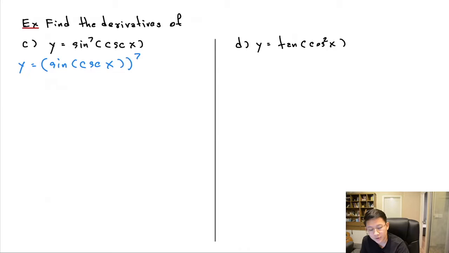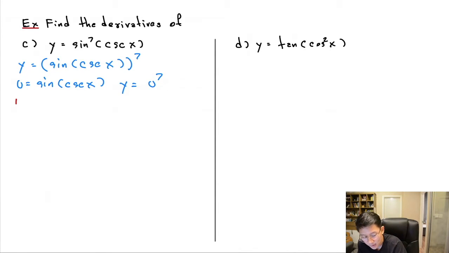So I'll let u be sine of cosec x. So y is actually u to the power of 7. Here we have that dy by dx is dy by du and du by dx.